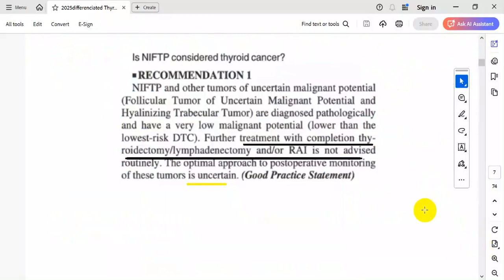recommendation number 1: non-invasive follicular thyroid neoplasm with papillary-like nuclear features, and also tumors of uncertain malignant potential and hyalinizing trabecular tumor, are diagnosed pathologically and have very low malignant potential, lower than the lowest risk differentiated cancers, and further treatment with completion thyroidectomy or lymphadenectomy and or radioiodine is not advised routinely.